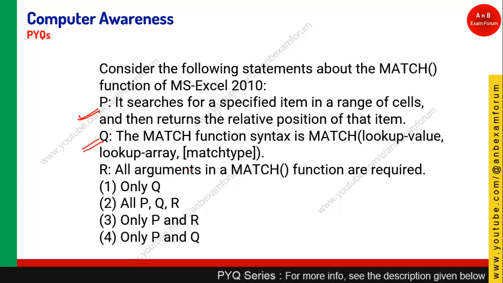All arguments are required. No, this is incorrect. As you can see in the syntax, whenever you find a bracket around the variable name, it means it is an optional parameter which need not be passed. So the answer for this question is only P and Q. So option 4 is the right answer.